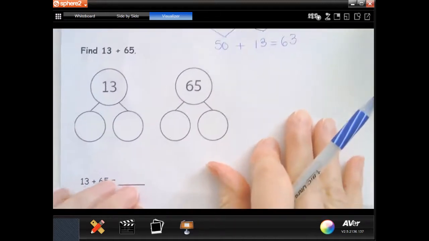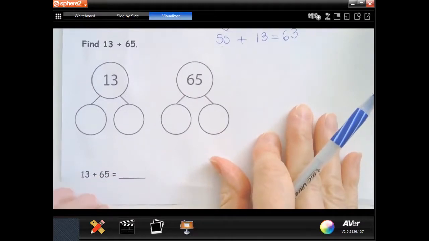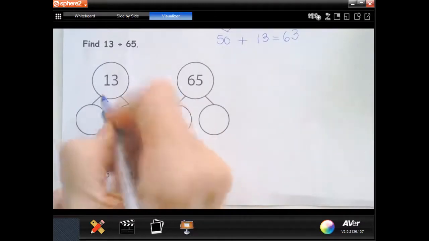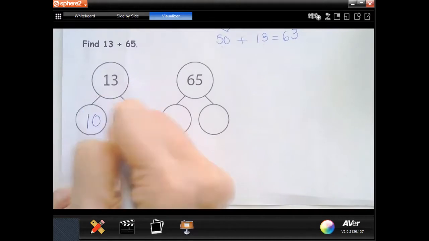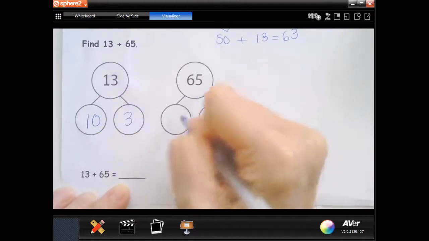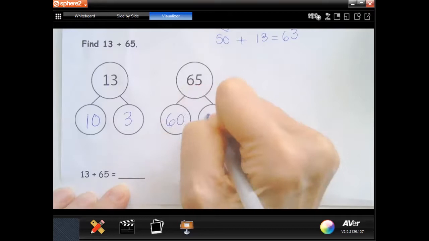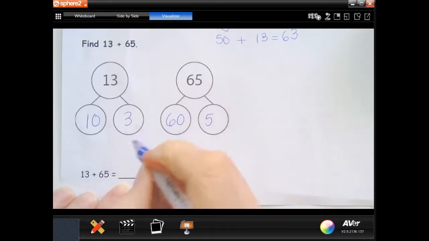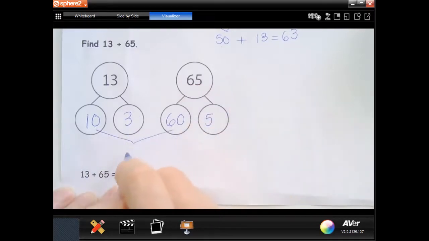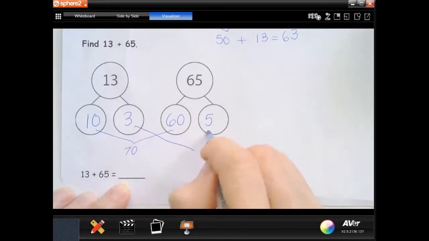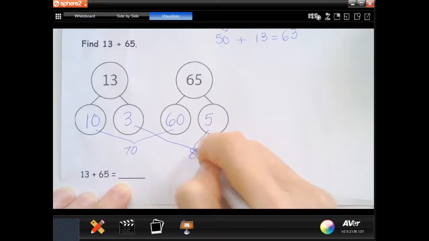The last problem says find 13 plus 65. Decomposing 13 to 1 ten, 3 ones. 65 is 60 and 5. So what is 10 plus 60? You said 70, you were right. What is 3 plus 5? It equals 8.